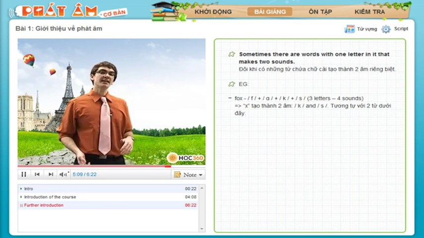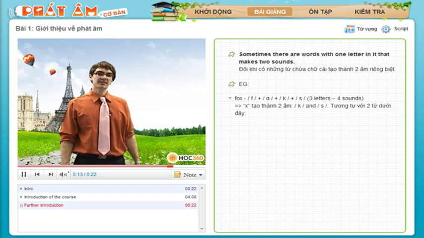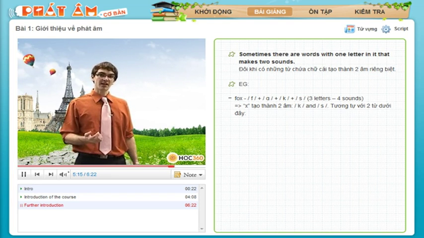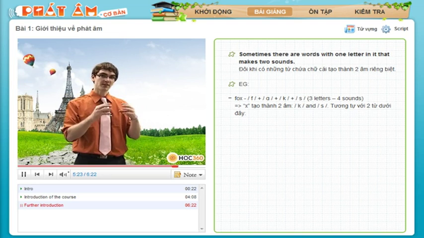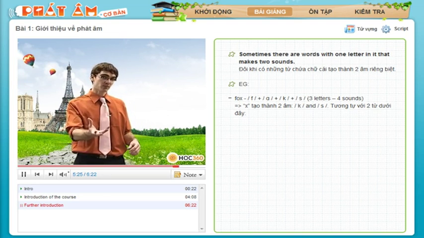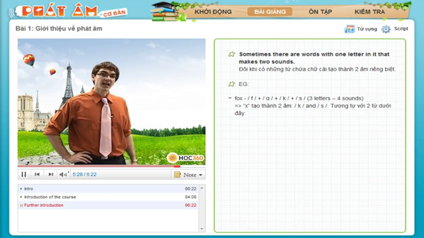The X makes 2 sounds, K-S. Fox. And it's amazing how many students, when they're first learning to make that sound, will either say fos or fock. They have difficulty putting those 2 sounds together. So try that one more time. Fox.